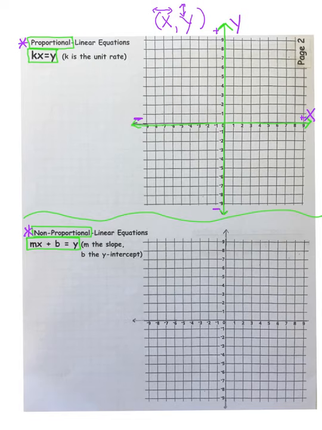Now, keep in mind, as we plot points, we typically start at the origin, which has the x and y coordinate 0, 0, and move from there. Make sure you've labeled your graph with x and y, and you've taken down the notes.